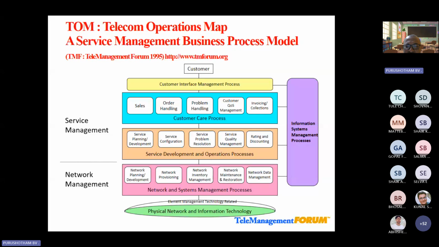Then the network system management process covers planning, development, provisioning, inventory of the stocks, maintenance and restoration of faults. That's what I told you. Then the whole data management within the network is done by this network management layer.